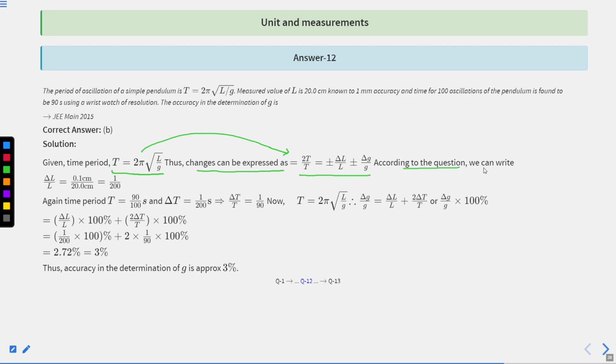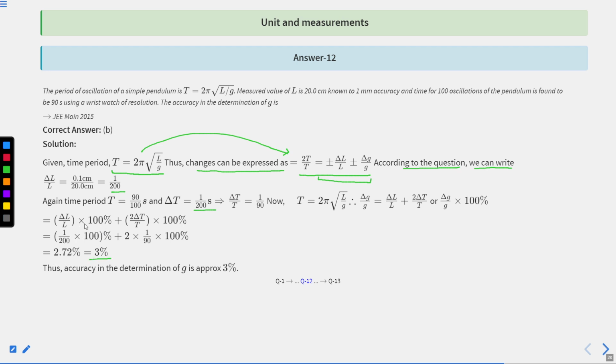According to the question, we can write delta L by L is equal to this. And again, time period is equal to 90 by 100 second and delta T is this. So putting all these values in this term and multiplying by 100, the answer is 3%.